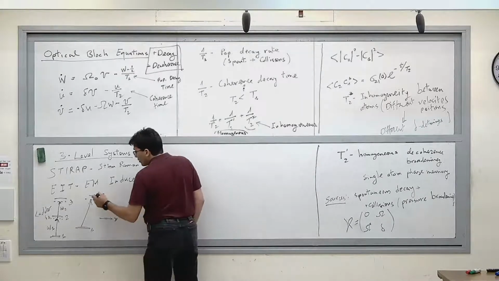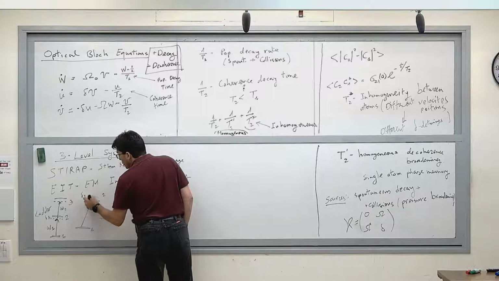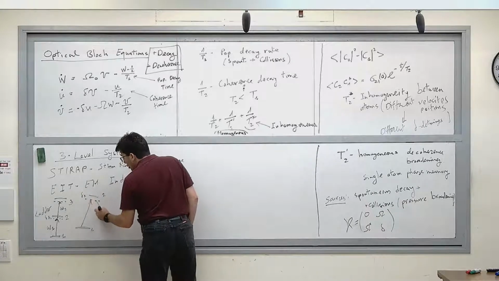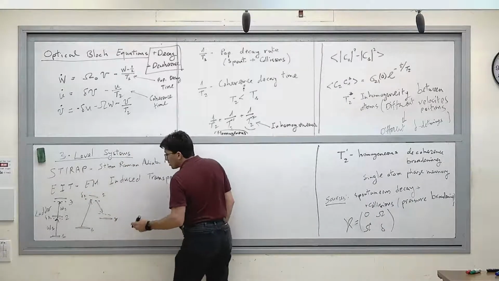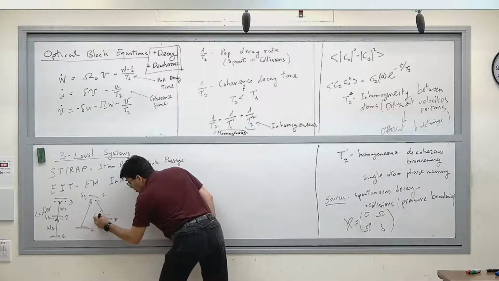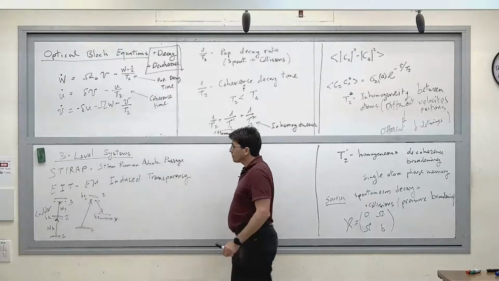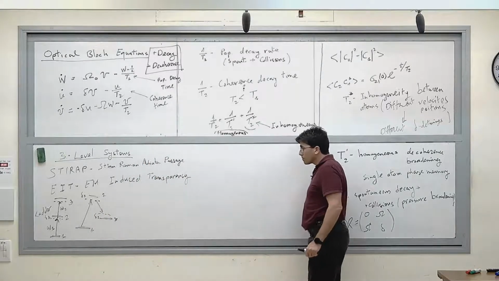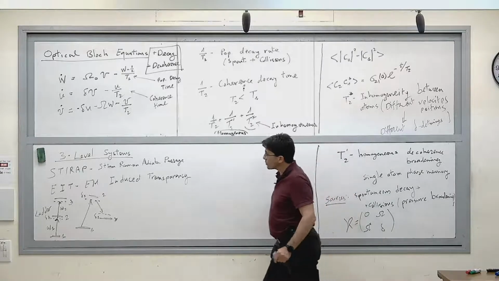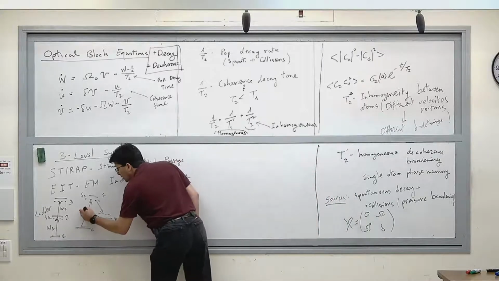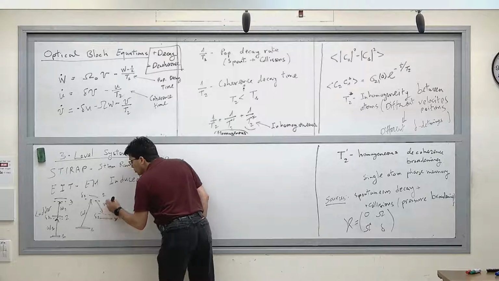And we could have here a detuning and then another laser with another detuning. So this one would be omega 1 and omega 2.